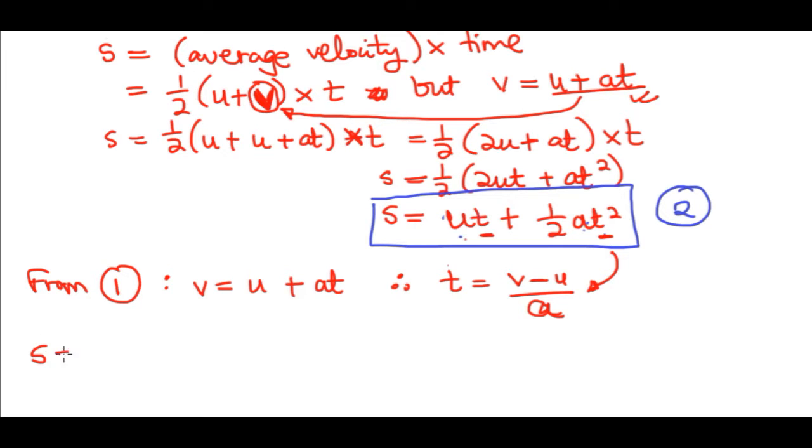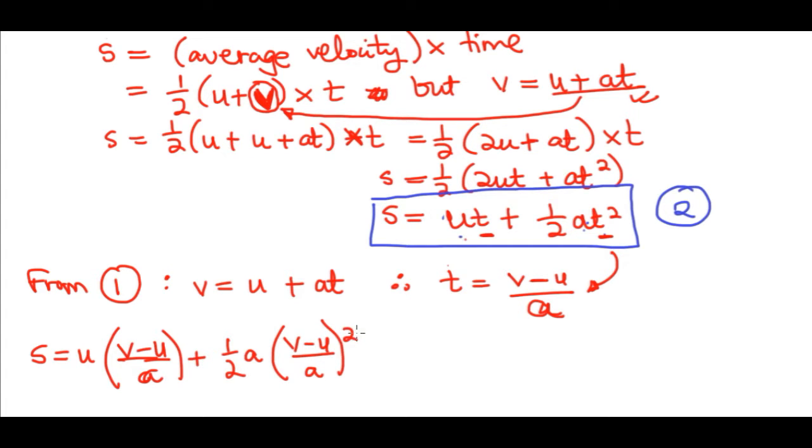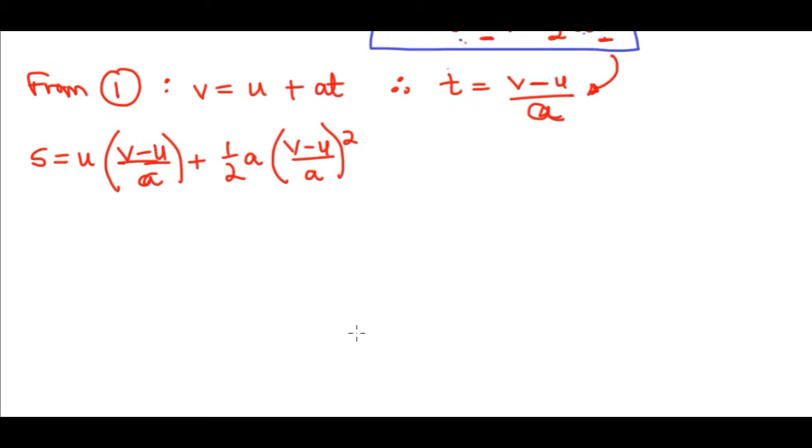What do we get? s is equal to u times (v minus u over a) plus 1/2 a times (v minus u over a) squared, right? Let's see where that gets us.